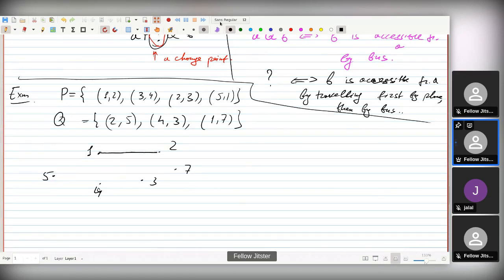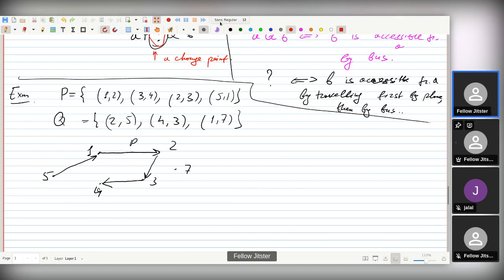So we have an arrow from 1 to 2, from 3 to 4, from 2 to 3. Look, we have a 3-arrow path, which results in 2 arrow paths. And from 5 to 1. Interesting. Is it clear?